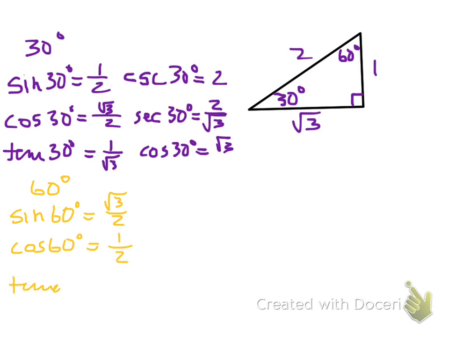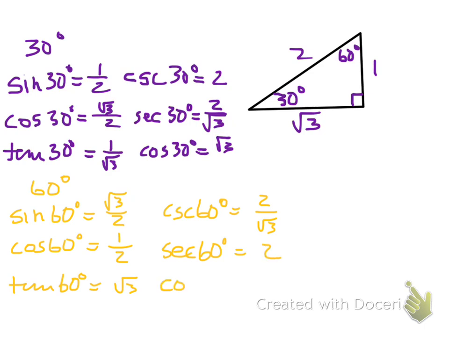Tangent of 60 degrees is the square root of 3. Okay, and then the reciprocals there, cosecant of 60 degrees equals 2 over the square root of 3. Secant of 60 degrees equals 2 over 1. And the cotangent of 60 degrees is equal to 1 over the square root of 3.